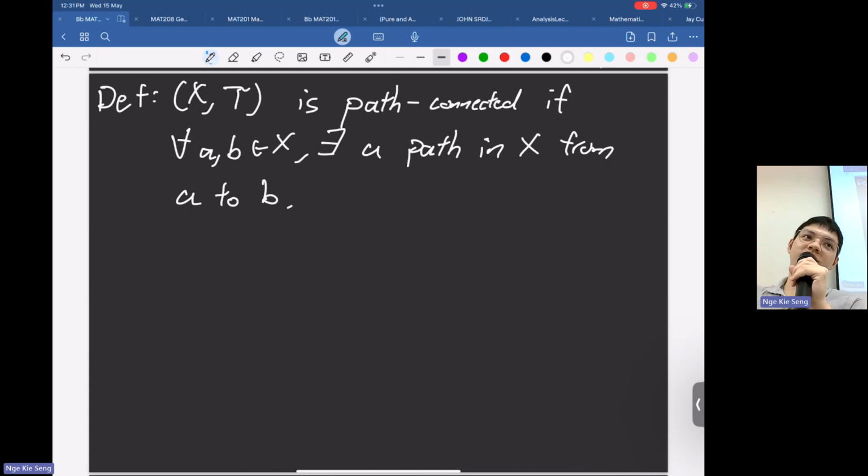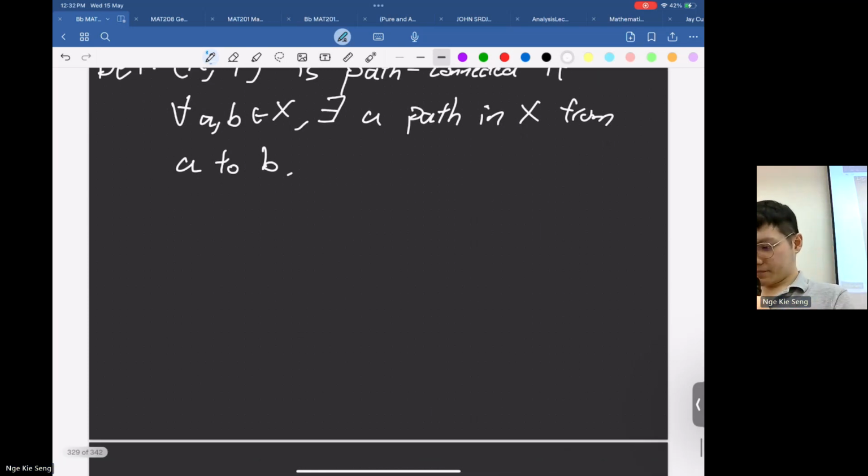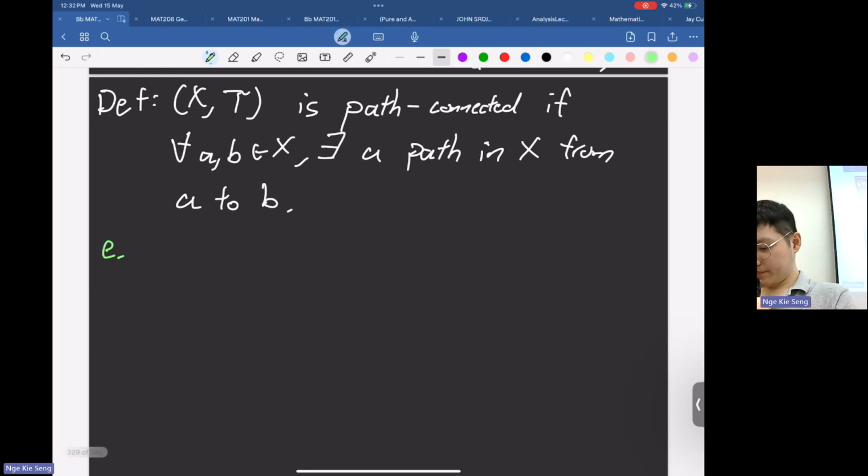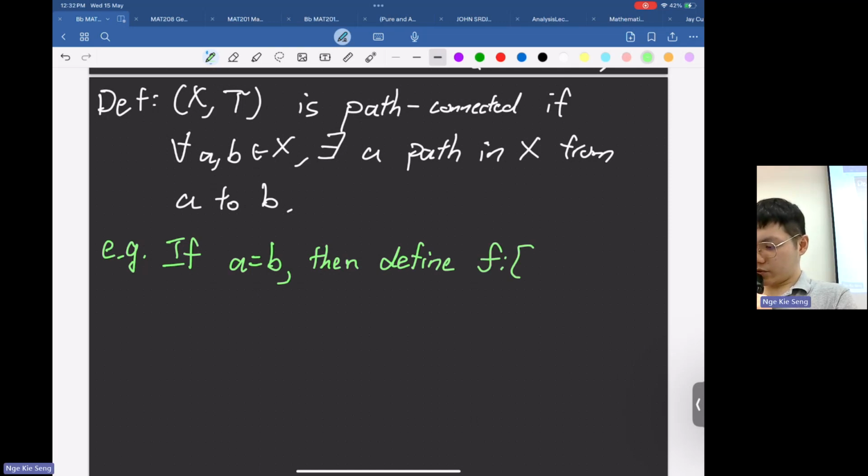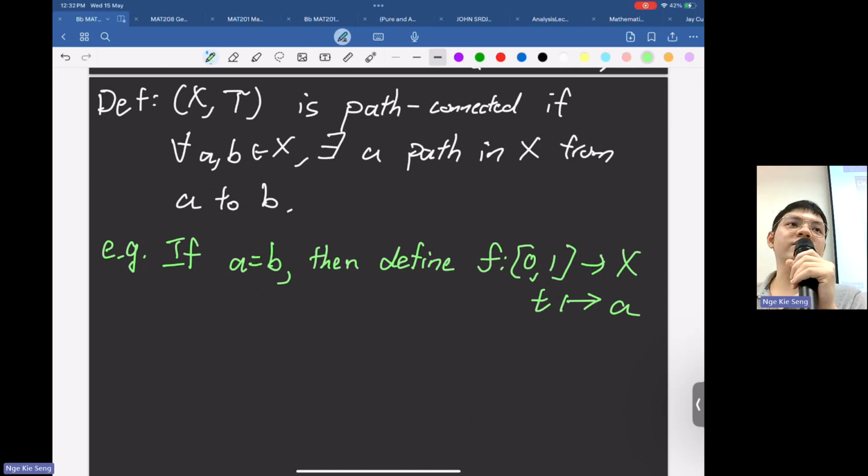So f(0) is A, f(1) is also A, and for all t in between 0 and 1 it is also A. For example, if A equals B, then you can define f from 0, 1 to X by sending t to the point A. Is a constant function continuous or not? Continuous, right? Last time we proved it already. If not, go and recall how we build continuous functions.